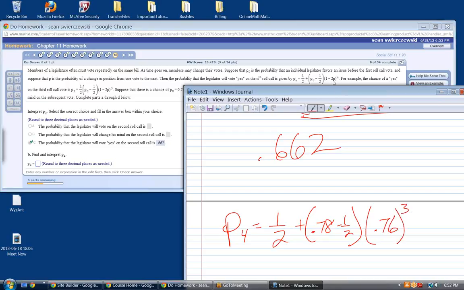Yeah, in other words, P was 0.12. So 2 times P was 0.24. 1 minus 0.24 was 0.76. So there is P sub 4, if you can get a number for that.